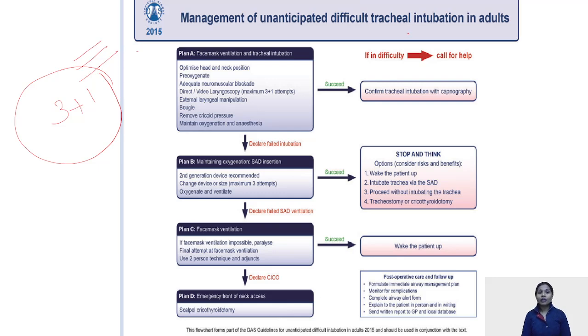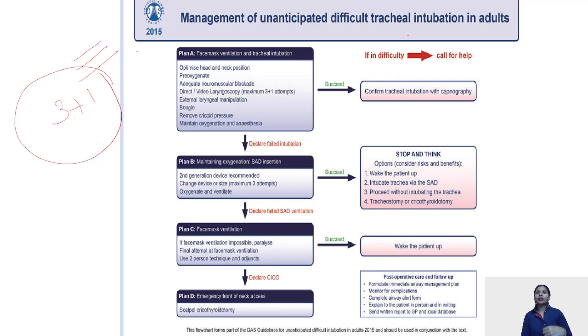Plan B is: maintain the oxygenation, give face mask ventilation to the patient, and then insert a supraglottic airway device. A second generation supraglottic airway device is recommended. Here, the maximum attempts that you can take are 3 attempts, in which we can change the device and also the size of the device.